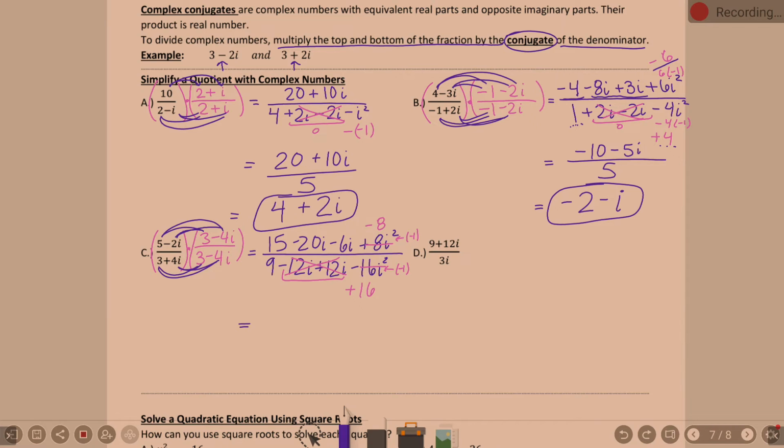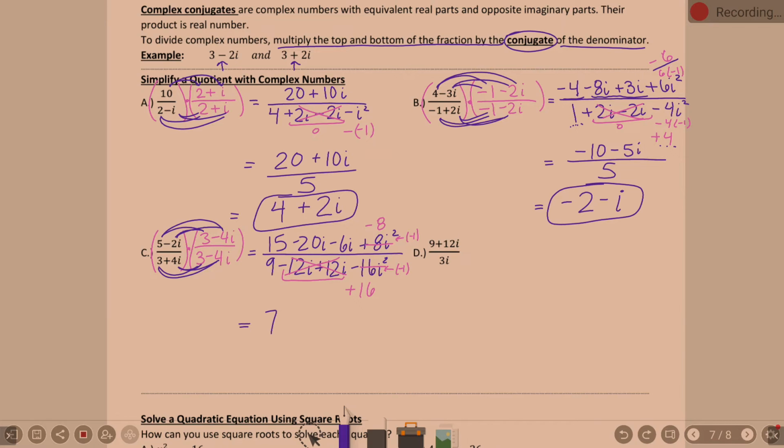Okay, where are we at? What do we have on top, guys? 15 and minus 8 is going to give me what? 7. What about my i's when I put my i's together?